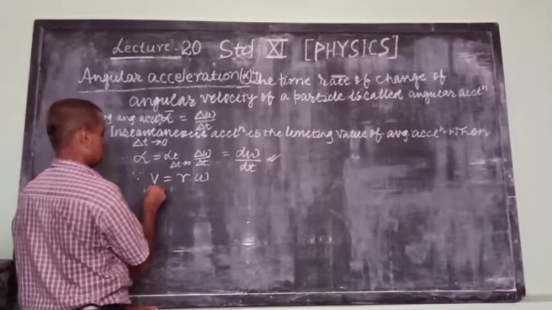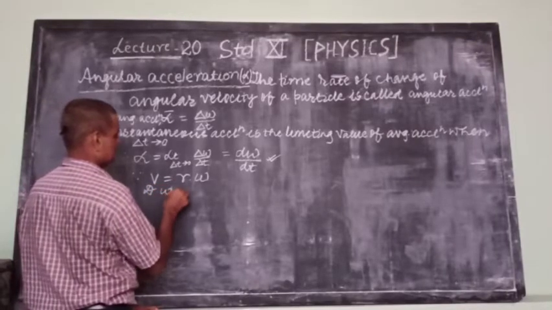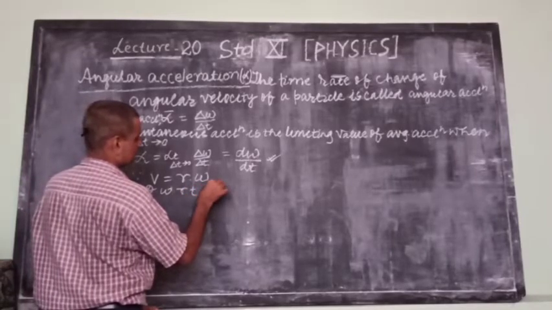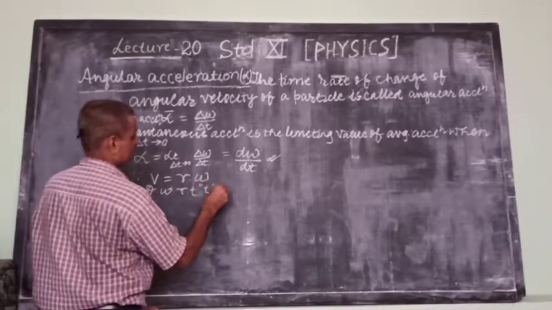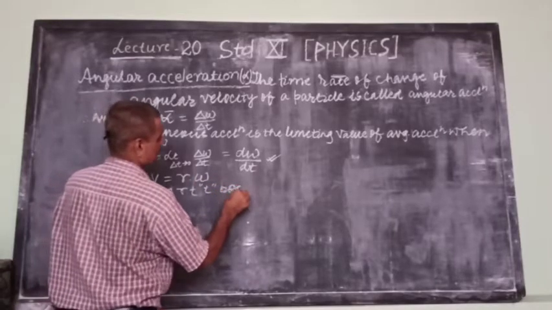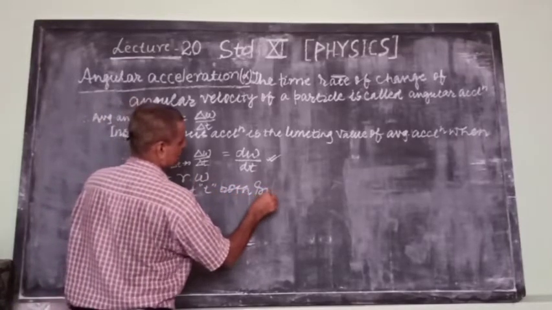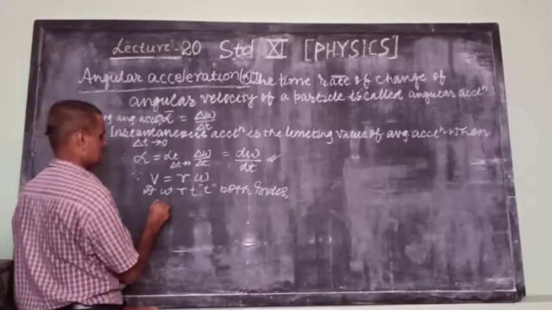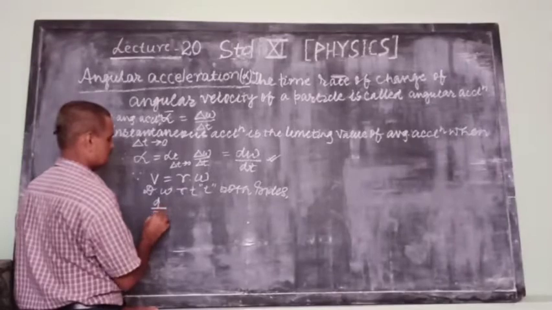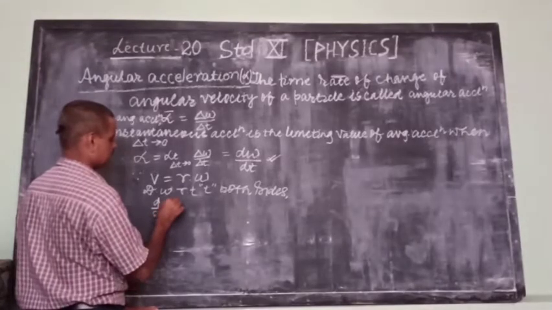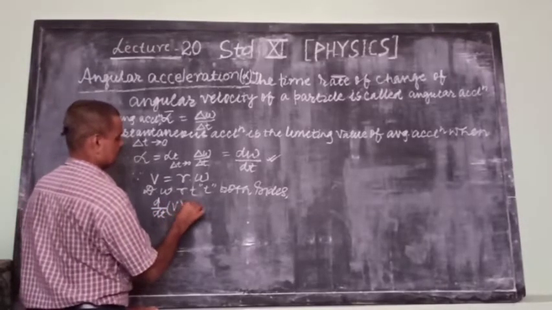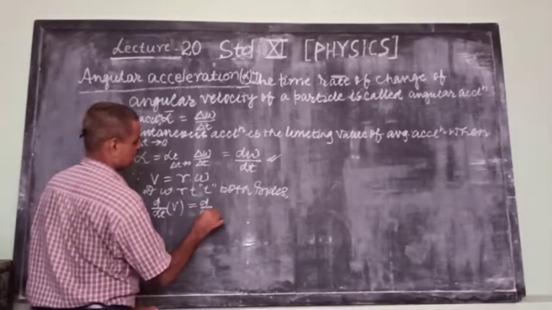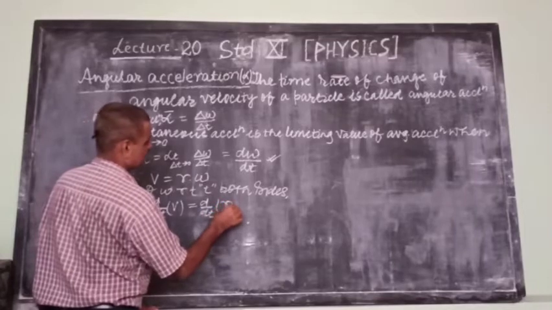Now differentiating both sides with respect to t, it will be d by dt of v, and this will be d by dt of r omega.